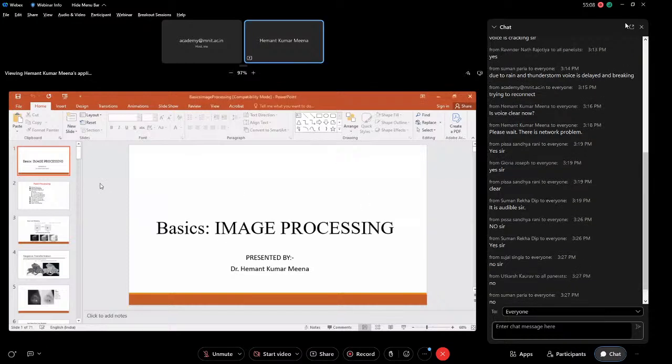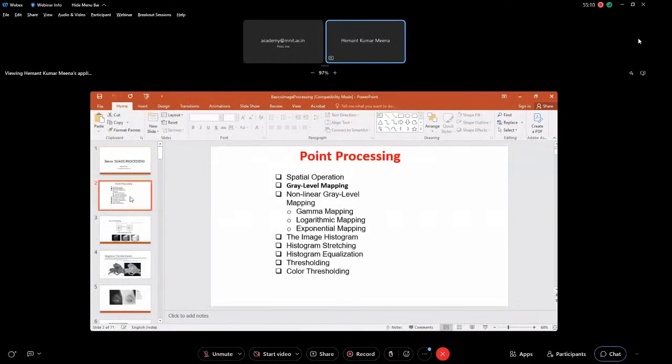Now, coming to image processing, first we see what the basic unit in the image is. There are many types of it. First, there are the spatial coordinates. Unlike other signals, which are time varying, the image signal is spatially varying.